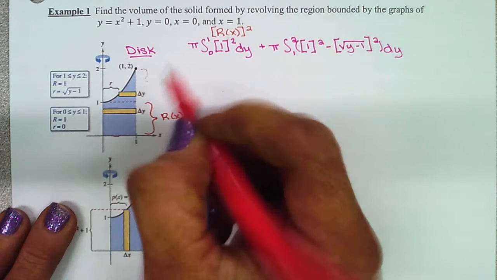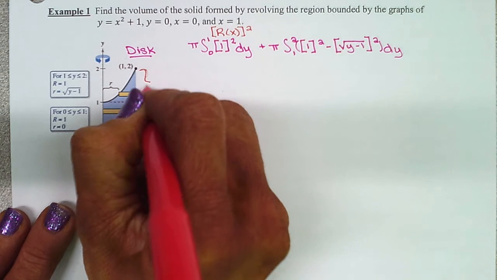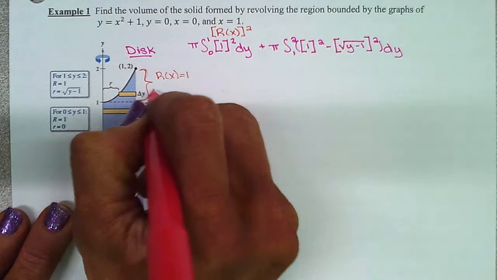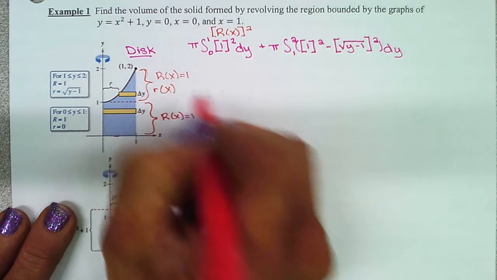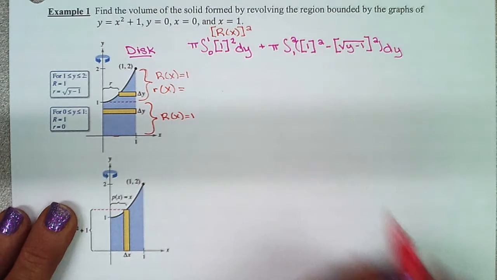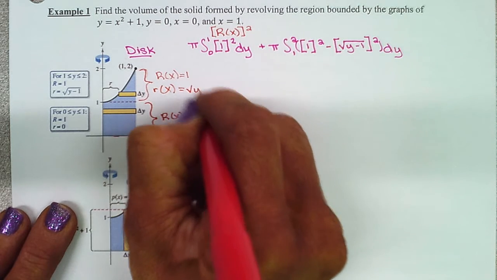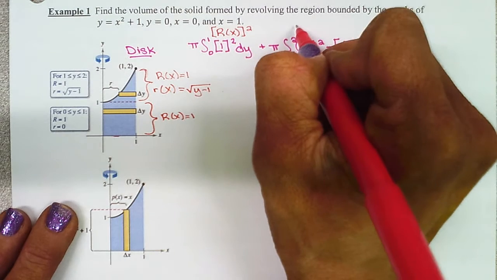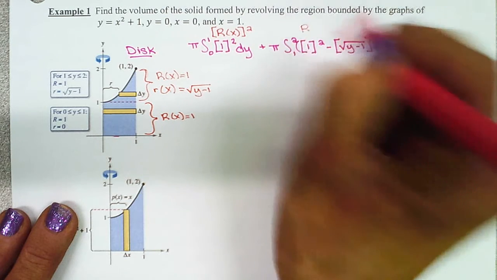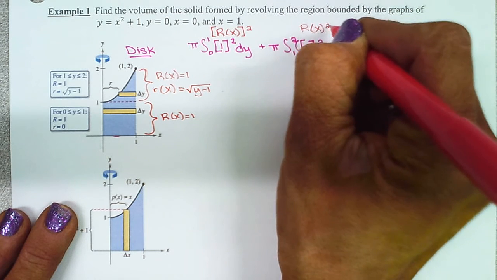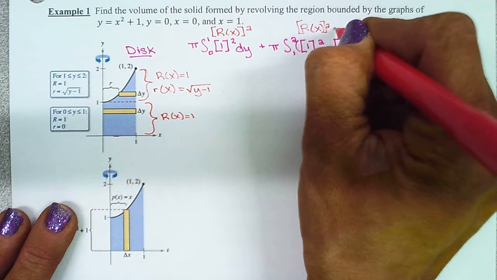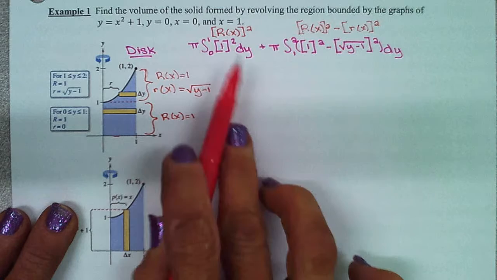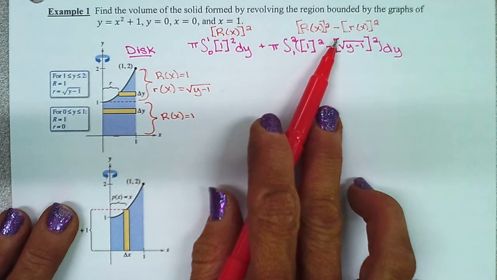And for this piece here, because it is a washer, we're going to have our big R of x, which again is just a 1, and our little r of x, which we got by solving this for y, which is the square root of y minus 1. And then here, this becomes the big R of x squared minus the little r of x squared. So we've got our disk, we've got our washer.